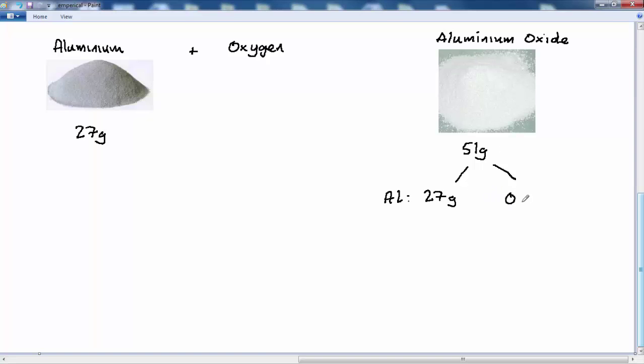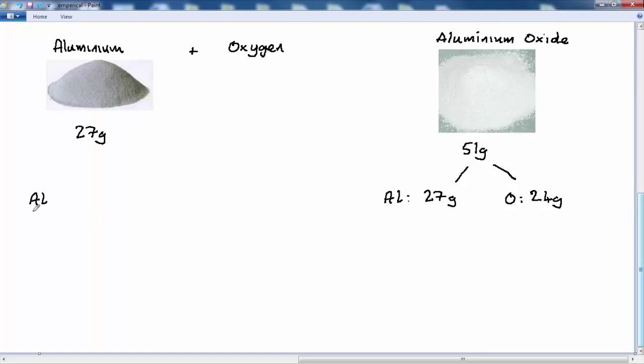So oxygen will be 24 grams. Okay, so as before, what we now need to do is to translate these masses into the number of moles of aluminium and oxygen present in the aluminium oxide.